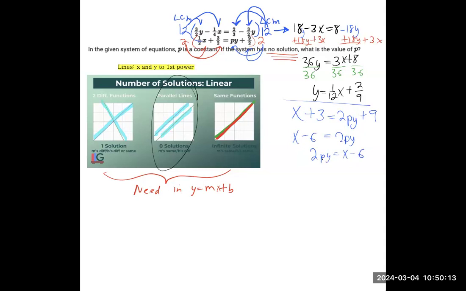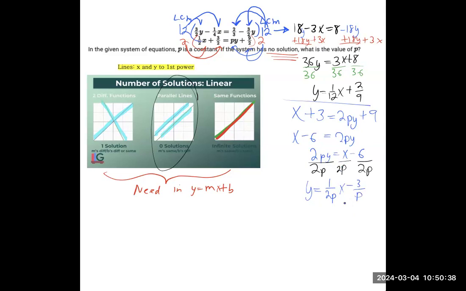Now we can divide by 2p, and the reason is because we're trying to get y by itself. So now we've got y equals x over 2p. Now it's advantageous to write that instead of x over 2p, it's equivalent to saying 1 over 2p times x minus 3 over p.